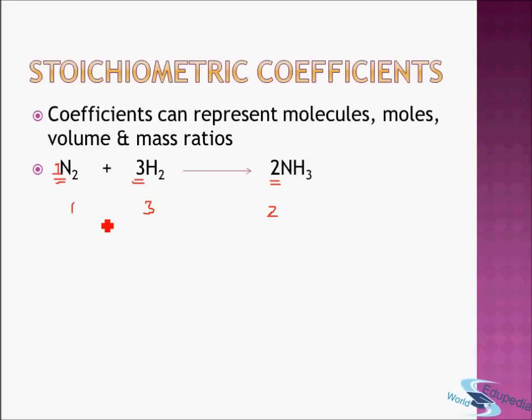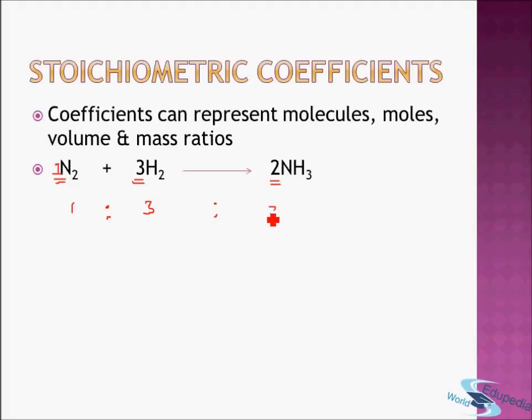In other words, for every one molecule of nitrogen, I need 3 molecules of hydrogen. For a complete reaction, for every one molecule of nitrogen, I need 3 molecules of hydrogen in my container. And together, when they combine and complete the reaction, these molecules will form 2 molecules of ammonia.